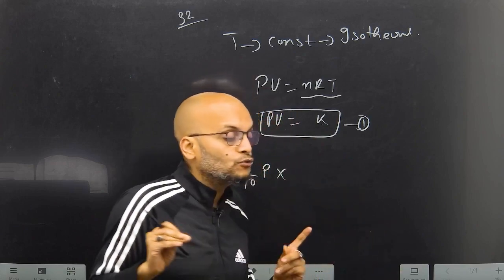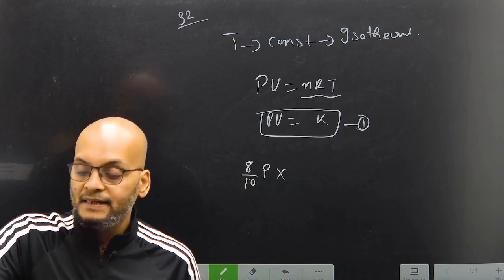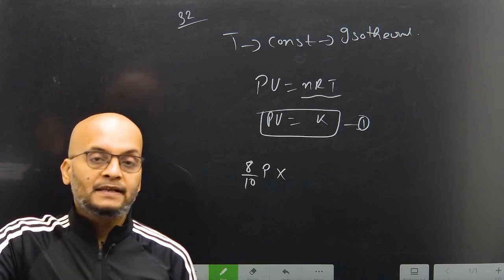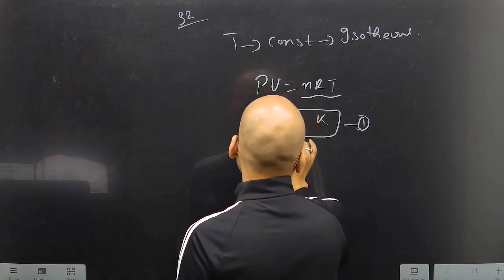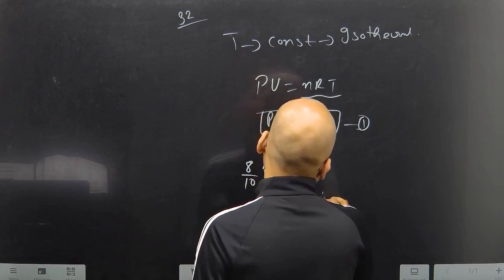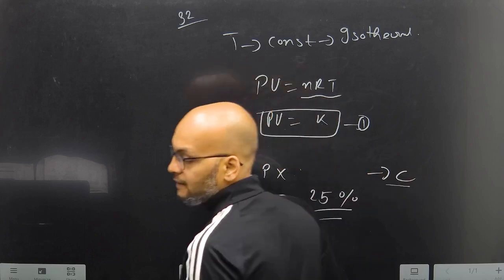As soon as you know that you have to increase the volume, few options get eliminated. That is, option B and D are eliminated. Now how much will be the increase? So you can subtract and find out in terms of percentage. It will come out as 25%. Option C is correct. Clear?